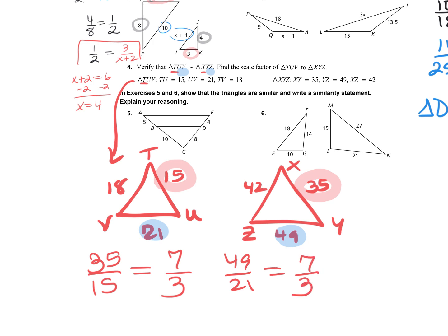And then lastly, you have to confirm all three sides. If it's asking you to check, then you could do 42 over 18, divide them both by 6, 7 to 3. So yes, they are similar by side, side, side.